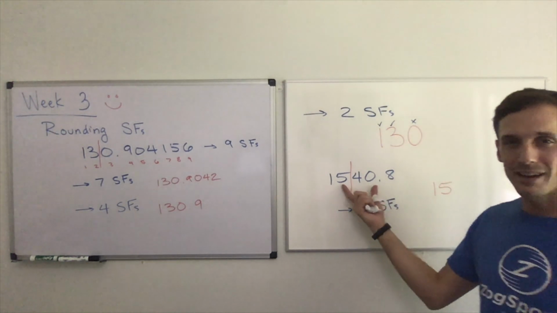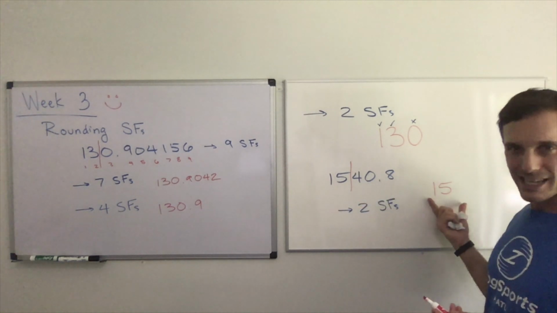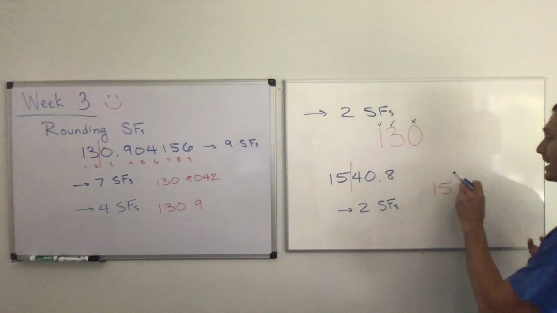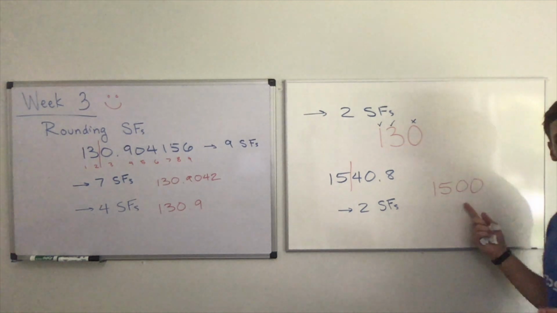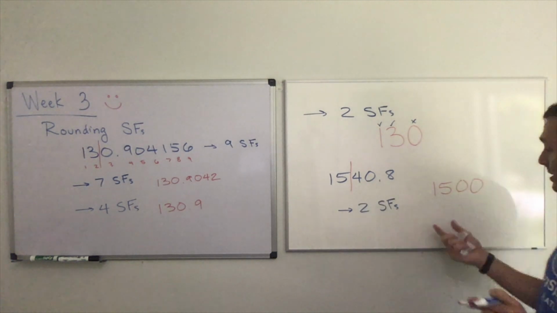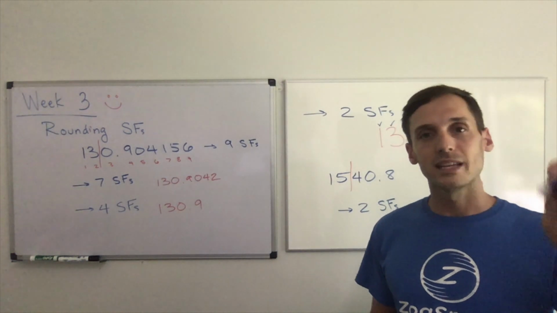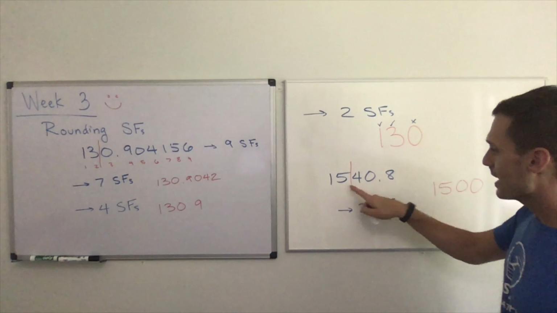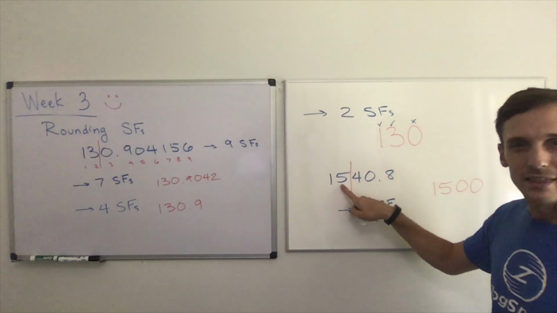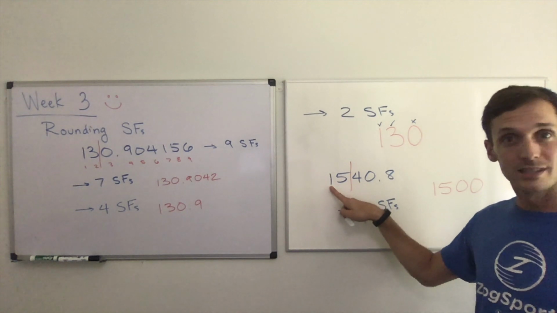So we'll put 1, 5. But again, we can't round 1540.8 to 15. You have to add insignificant zeros there so it doesn't change the value of the number. It doesn't change the digit, the column that the digit is in, right? Like, see how this 5 is in the hundreds column? This 1 is in the thousands column.